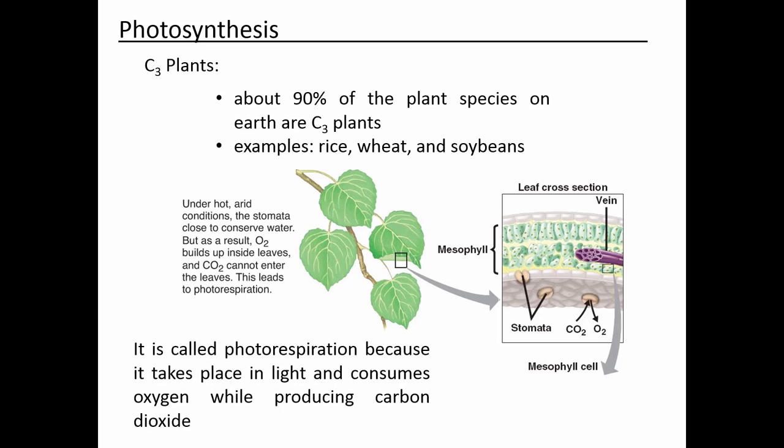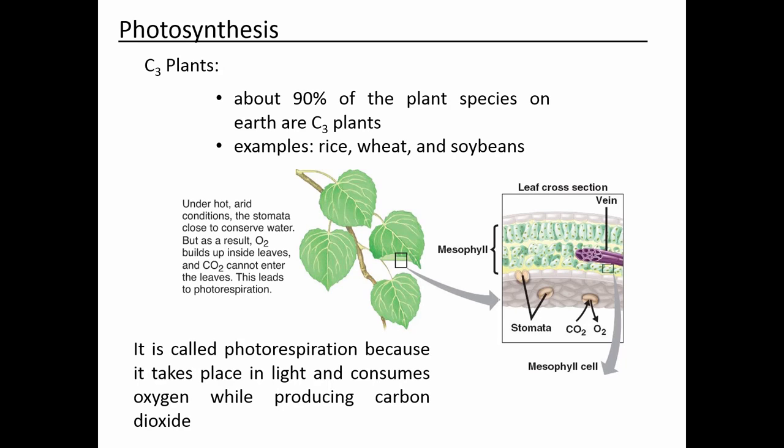And this here is the first step in photorespiration, and it's the only step of photorespiration that you need to know. The first step is that rubisco takes oxygen and attaches it to ribulose bisphosphate.